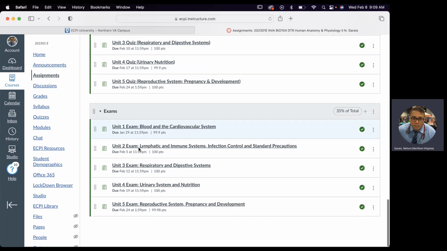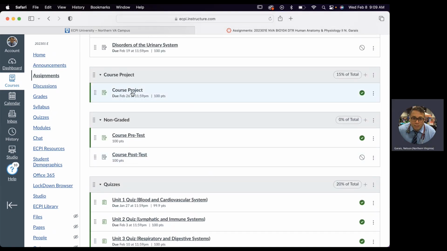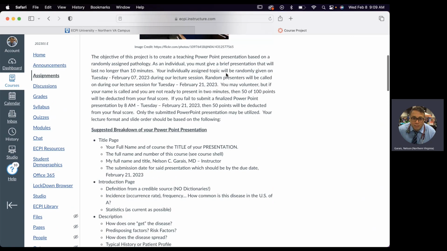So when you look under assignments, you don't go under course project, you click on that. And then there's some things. Read this because it has due dates on it.